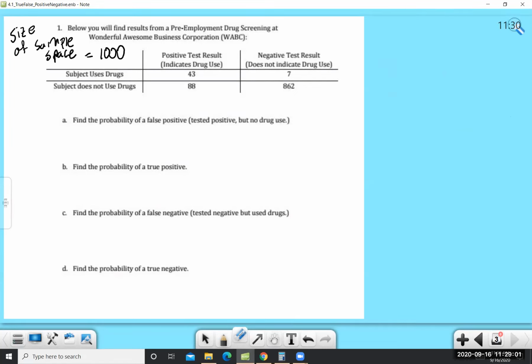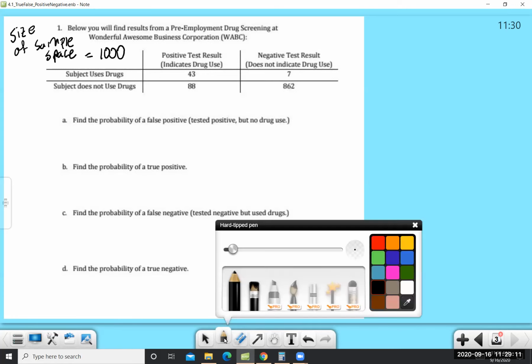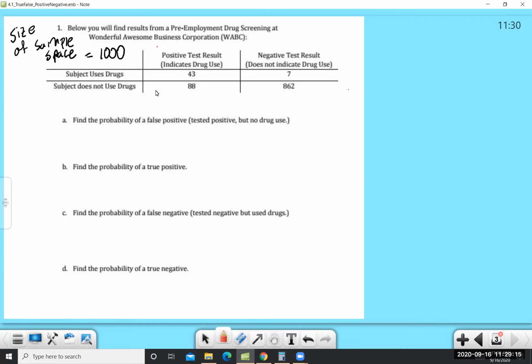And the first thing I want is the probability of a false positive. That means they tested positive, but there was no drug use. So to start, let's do positive. Here are my positive test results. And remember, a positive test result says that the person does have the drug, whatever it is, in their system.